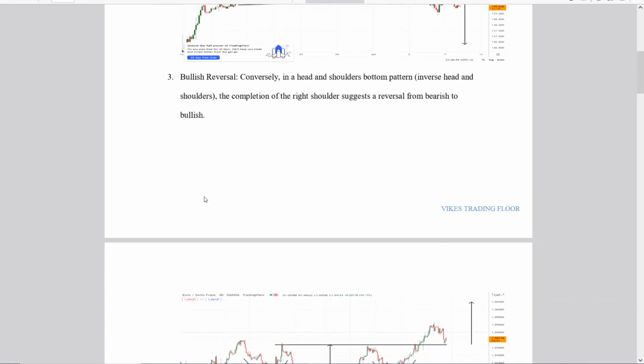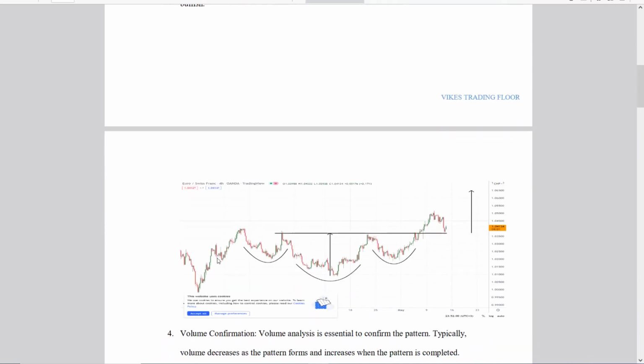So in the idea of a bullish reversal, which is an inverse head and shoulder, you can see the formation of these are high, these are low. Okay, then these are lower high, these are lower low. These are lower high, these are higher low. See now? Then these are higher high.